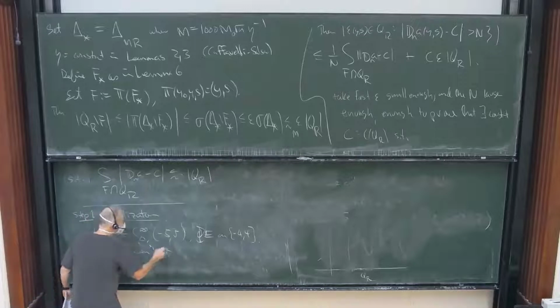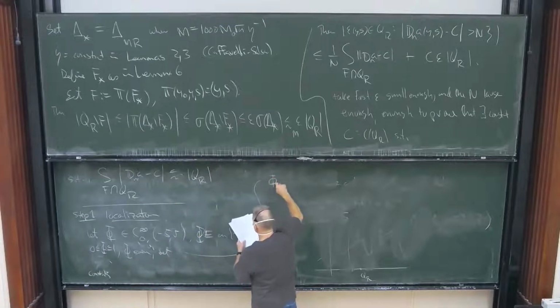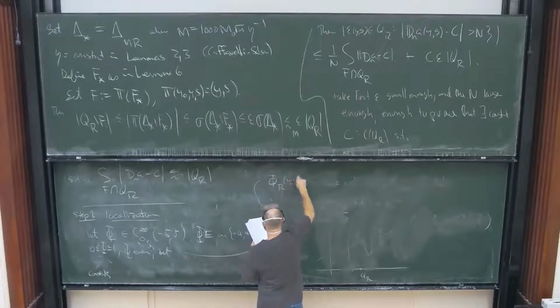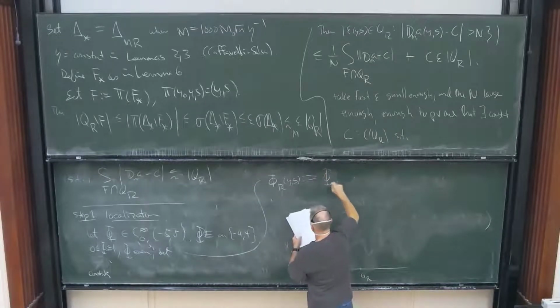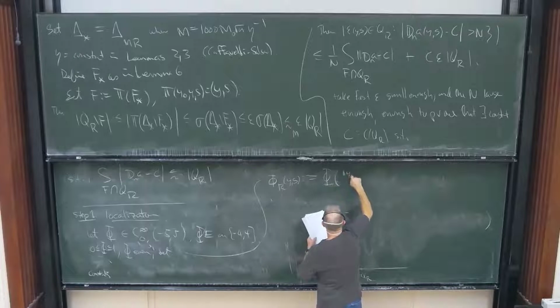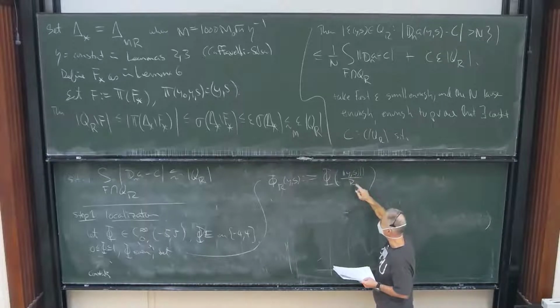And then we're going to define phi r of (y, s) to be capital phi of the parabolic length of (y, s) divided by r.